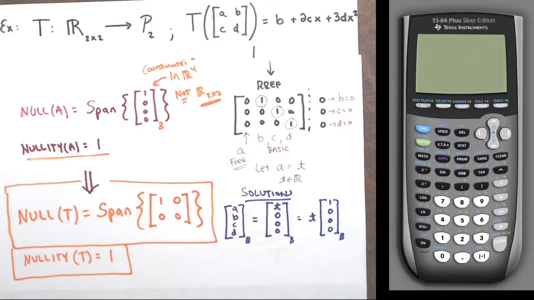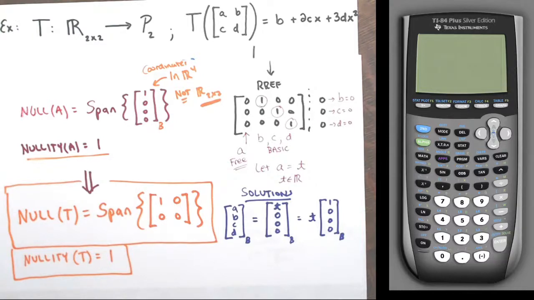Then you take that standard matrix, put it into some row echelon form or reduced row echelon form, identify your basic and free variables, and just imagine the equals 0 on the other side. Find all the solutions, all the vectors that would map to the 0 vector, and there you go. You have the null space of the matrix.